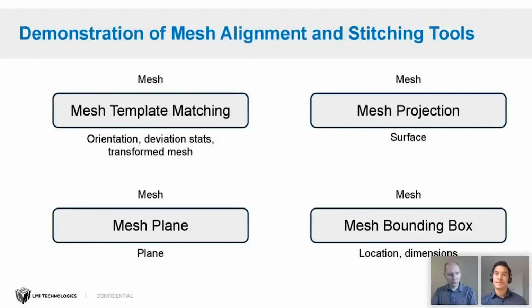So the old data is stored, like for mesh template matching, I assume that's what we're talking about. That is stored in the PC. So yes, that is the template that you're comparing against. And something I was going to point out on these tools is that we do expect that you're using a PC for most of this. As you can imagine, operating on the mesh is quite CPU intensive.